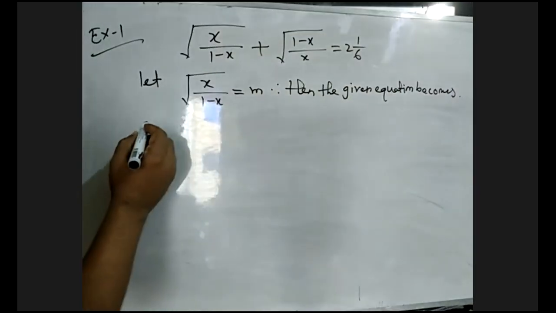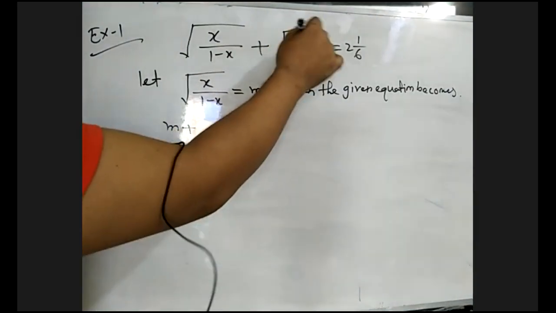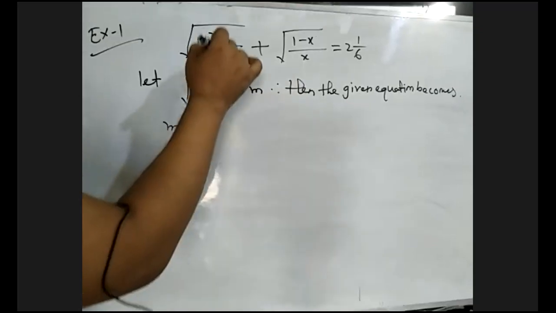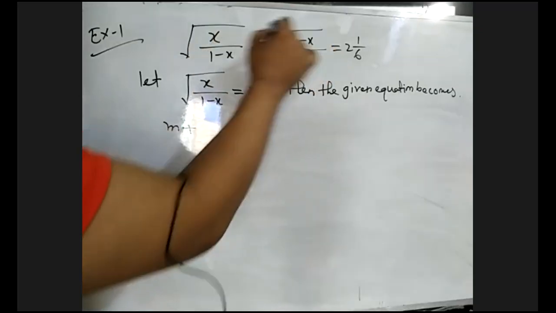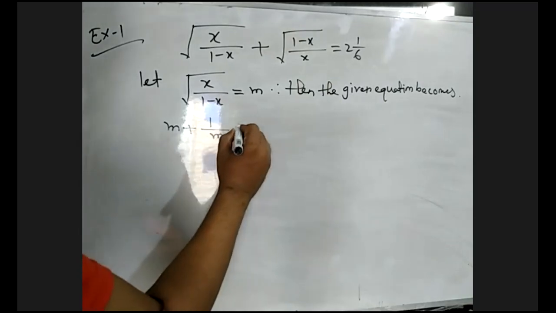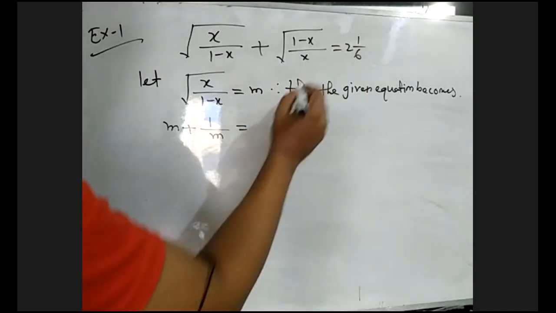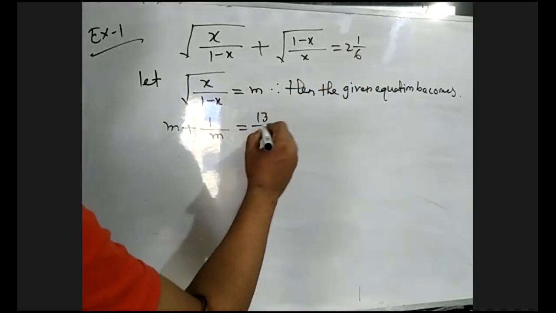Then the given equation becomes m plus, this is the opposite of x in the numerator and 1 minus x in the denominator, so this is the opposite of this, so we can write this as 1 by m. 1 by m equals 2 and 1 by 6, this is the mixed fraction, so 13 by 6.